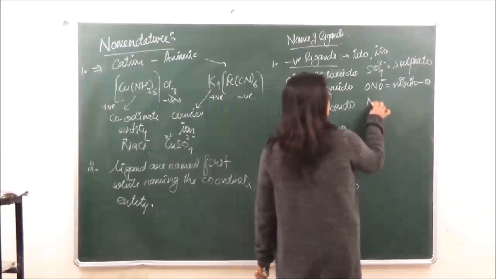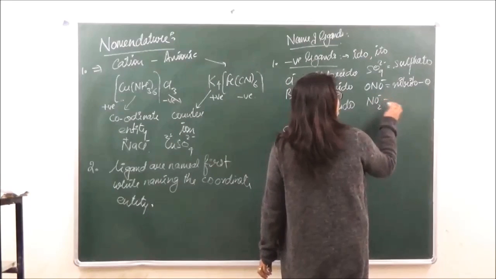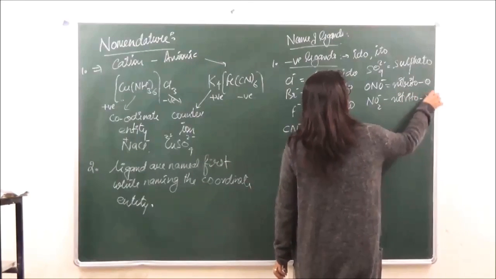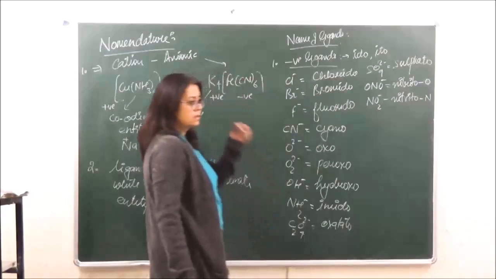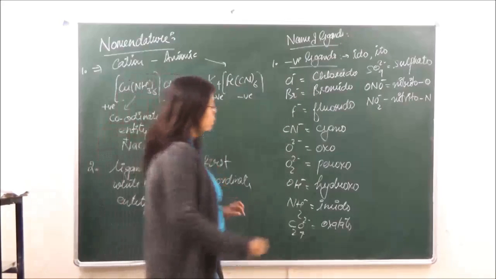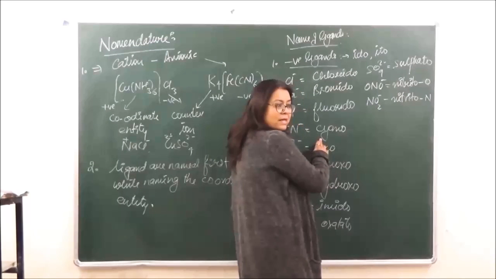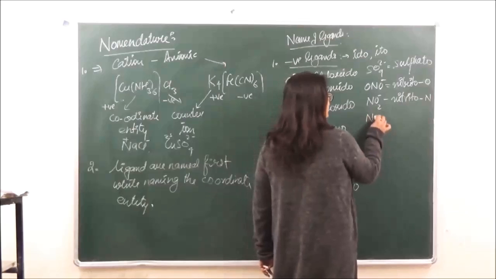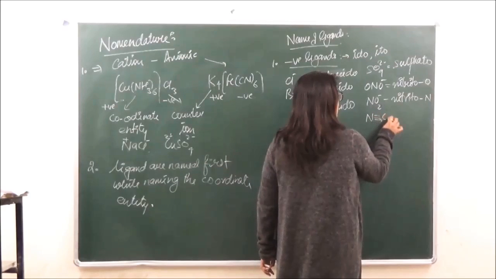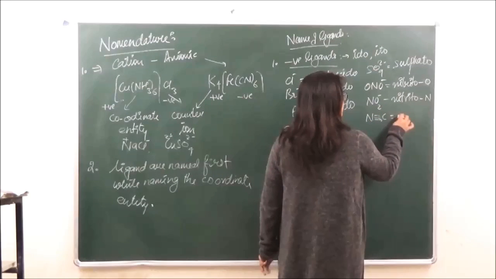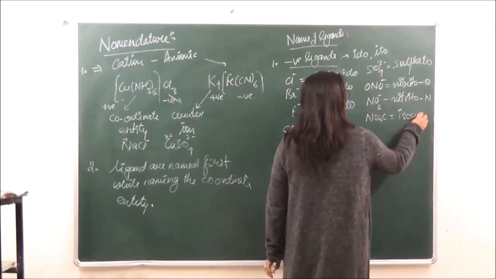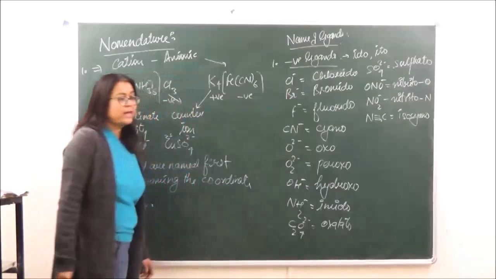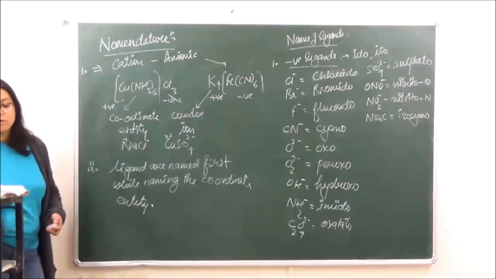And if the same is written as NO2 negative, then this is known as nitrito-N. Similarly, you had also done cyano. This is if it is linked through carbon. If this is linked through nitrogen over here, then this is known as what? Isocyano. Okay, so this is how the ambidentate ligands are going to be named.